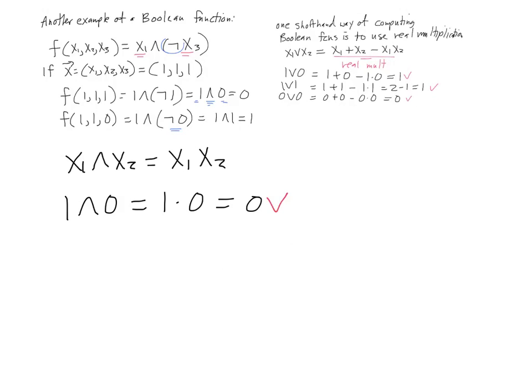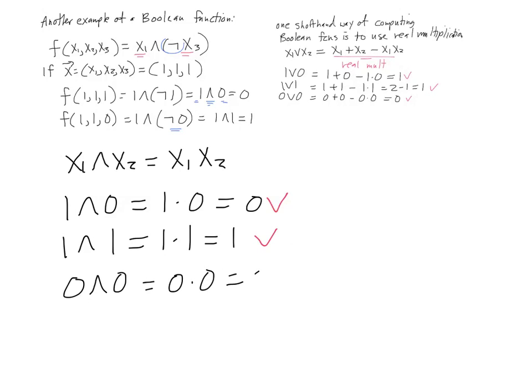We need both of them to be there, so if either one is 0, that product will be 0. 1 and 1 will be 1 times 1, which is 1, so that checks out. And 0 and 0, right, neither one is there, so that's 0 times 0, or 0, so that checks out.